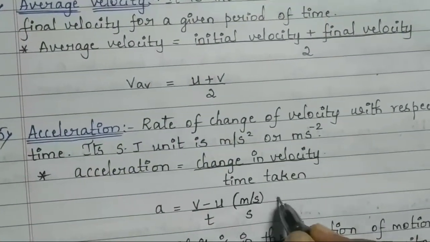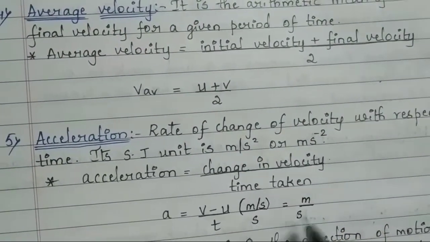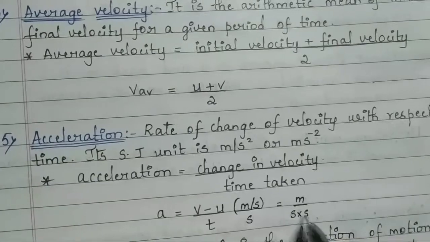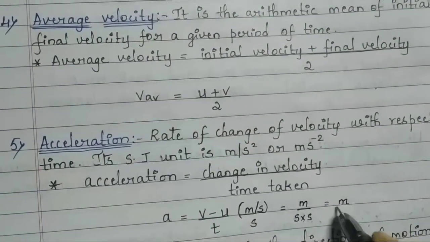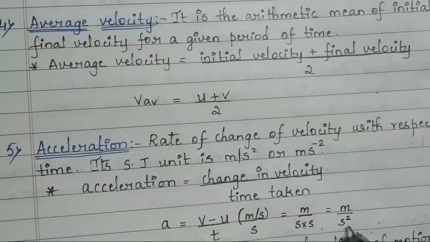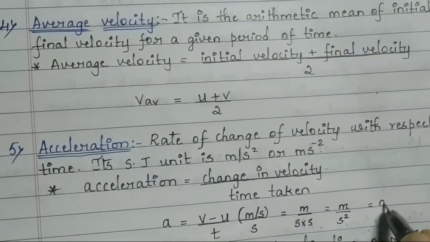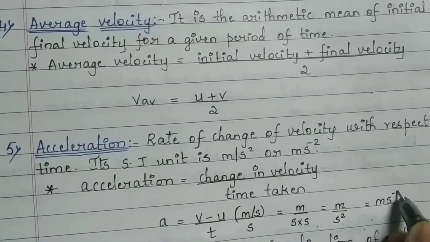So you can write this as m divided by s, and this s will be multiplied by another s, so it becomes meter over s square. When we take s square to the upper part, the positive 2 becomes negative 2.